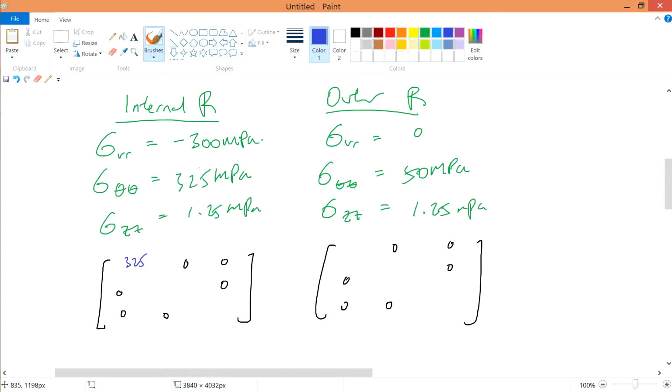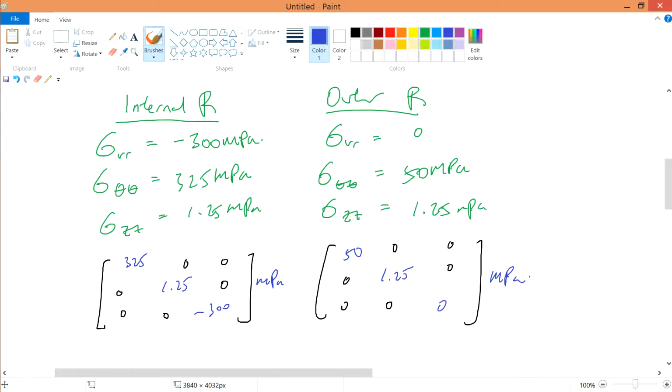The second one will be the middle one, which is 1.25, and the last one will be the smallest one, minus 300 MPa. Next, for this outer one, I'll have 50 over here, the maximum, 1.25 over here, and 0 MPa. And now let's go to the next question.